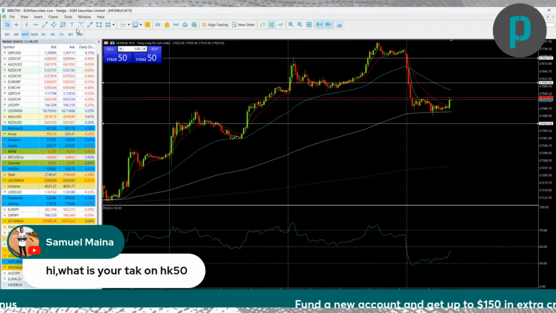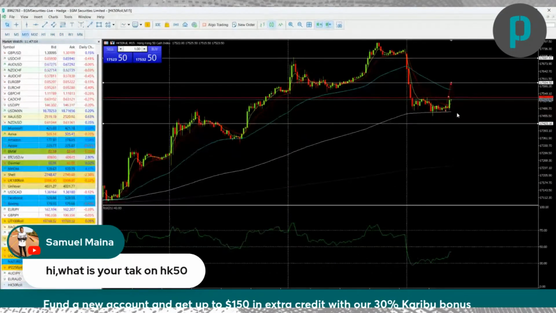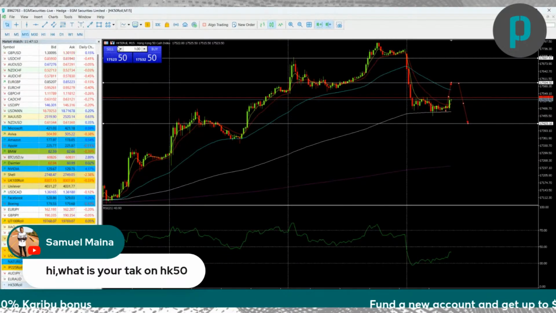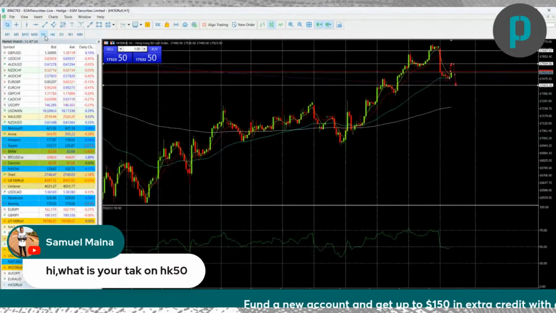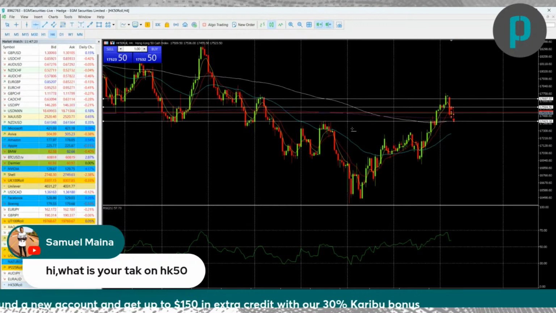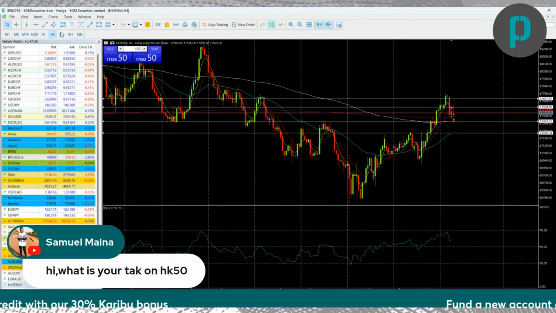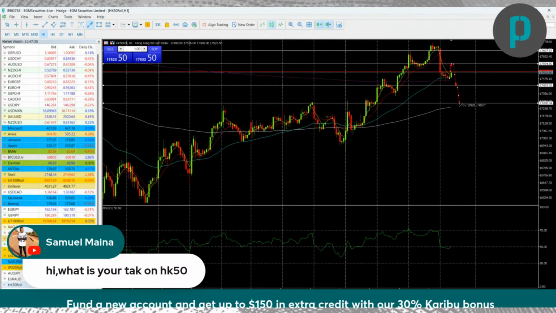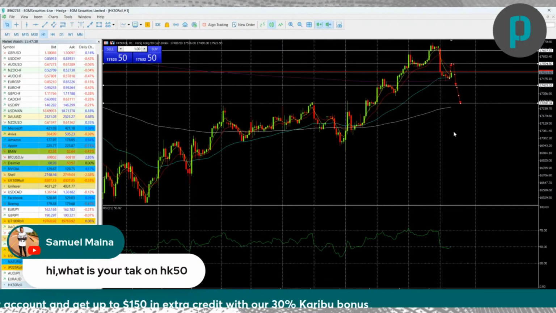I'd probably want to see HK50 do this to 17,594, and then after that, probably we should see first bearish push to that level, and then second bearish push to that level, and then after that maybe we could see some bullish push. That's my take on HK50.